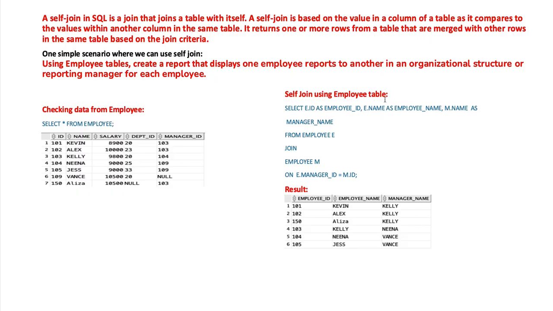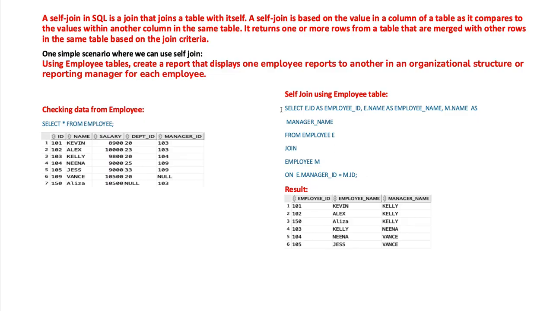First, I use employee with alias name E. After that, I use employee again with alias name M. Let me select e.id as employee ID, e.name as employee name, m.name as manager name from employee E join, that means inner join, employee M, joining condition e.manager ID equal m.id.